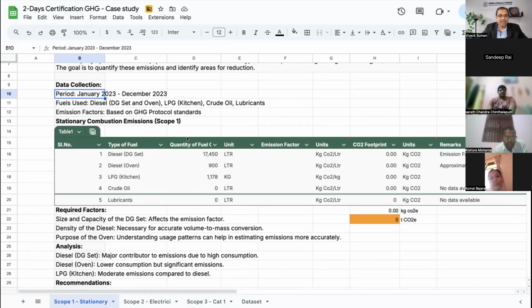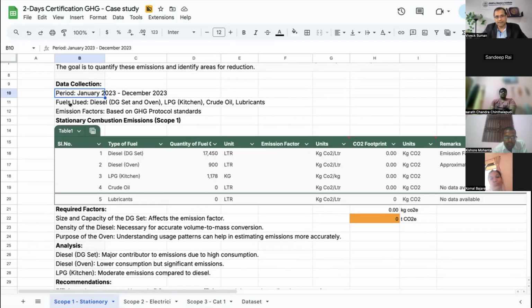Great. Now, let's start with the second learning of the day. As you know, this case study says that it is calculating fuel used and converting it into carbon dioxide emission or greenhouse gas emission in tons of carbon dioxide equivalent. That's the currency we use here for calculation purposes. Where are they coming from? Diesel specifically. They are coming from diesel, LPG, which is in the kitchen, crude oil and lubricant. These are the 5 different areas where they are calculating.